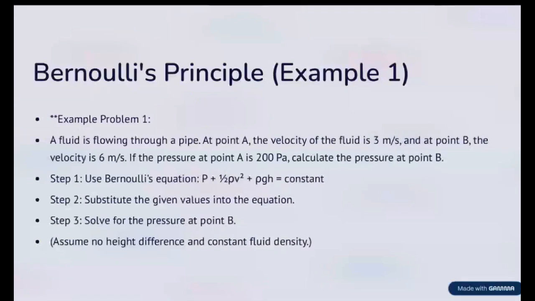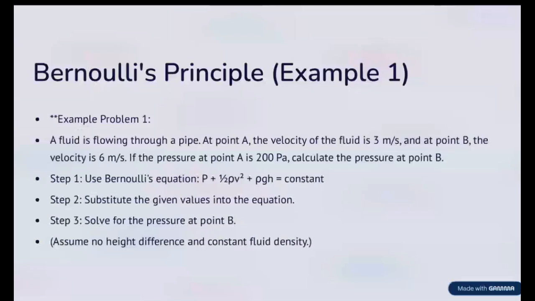So let's see how questions are coined from this topic. We have problem one, or example one. The question says, a fluid is flowing through a pipe. At point A, the velocity of the fluid is 3 meters per second, and at point B, the velocity of the fluid is 6 meters per second.